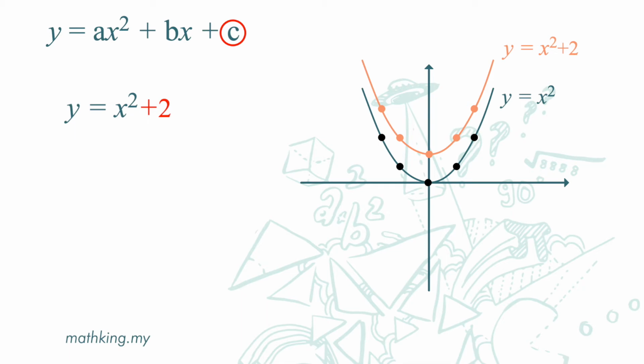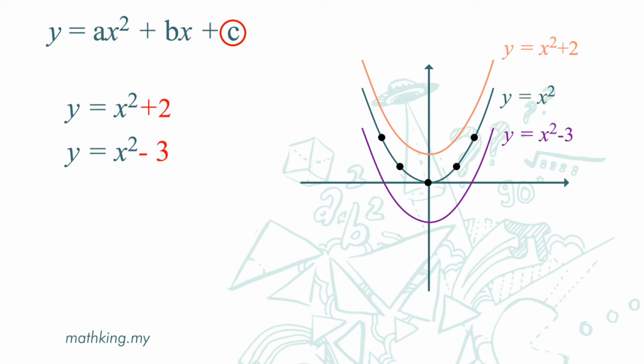The shape of the graph is unchanged, but the whole graph is moved upward by 2 units. If what we have is y equal x squared minus 3, then the y value of every point will be reduced by 3. The shape of the graph is unchanged, but the whole graph is moved downward by 3 units.